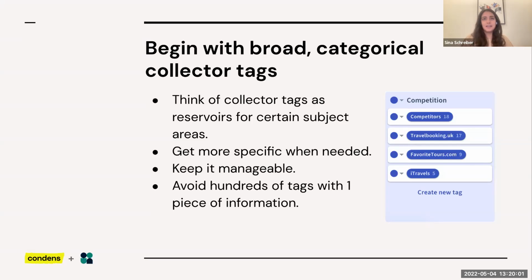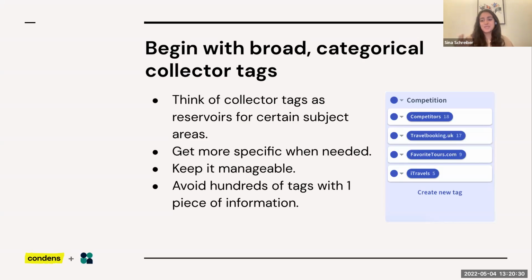We want to share the tip to work with collector tags. You can think of a collector tag as a collector for relevant information around a certain area, for example the competition or feature requests. So like a bucket that collects information around that. With this tip, you can make it easy to get started.